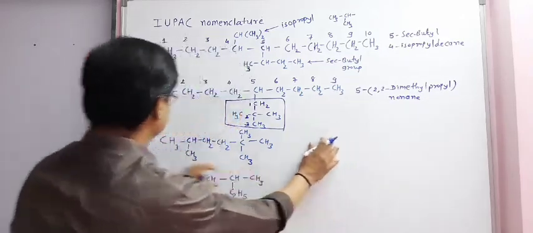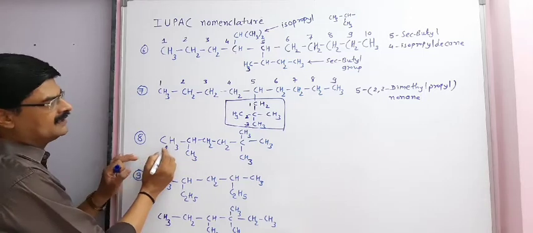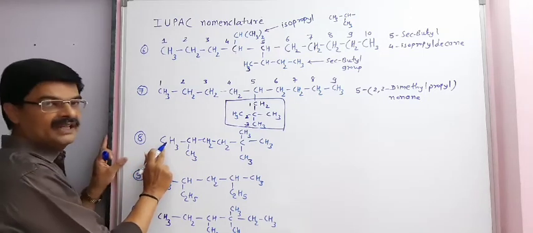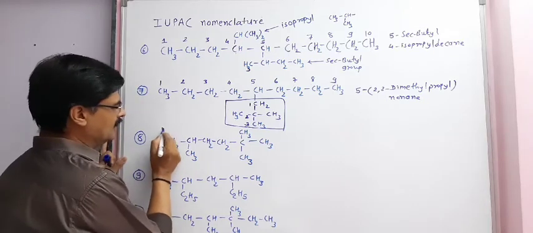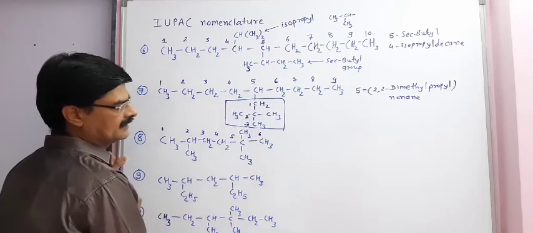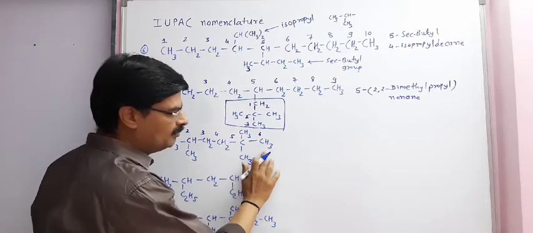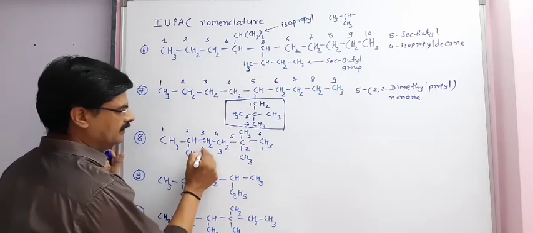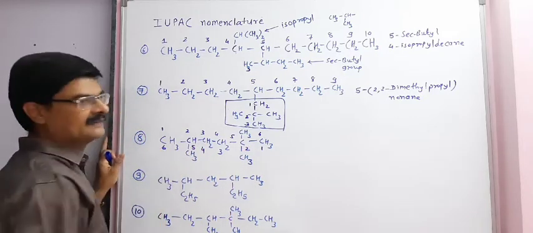Now next one. First of all decide the longest possible chain. If we start giving number from left hand side, it will get 1, 2, 3, 4, 5 and 6. And if we start giving number from right hand side, we will get 1, 2, 3, 4, 5 and 6.